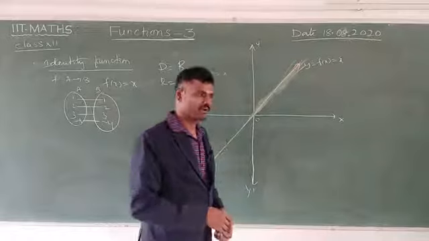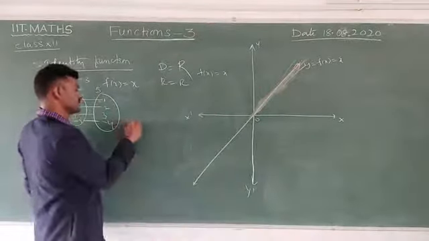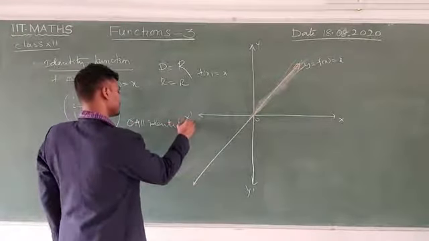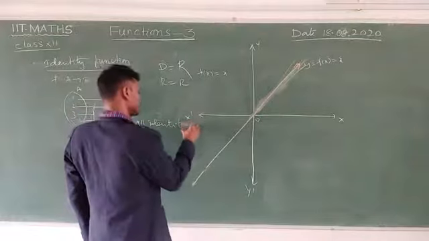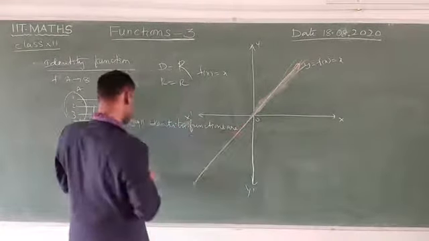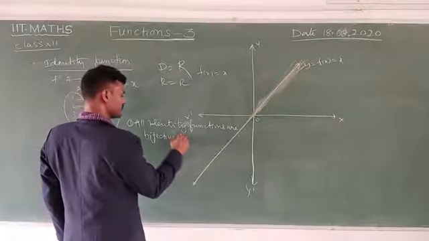Next, two properties are there. What are the two properties? First, all identity functions are bijective functions.